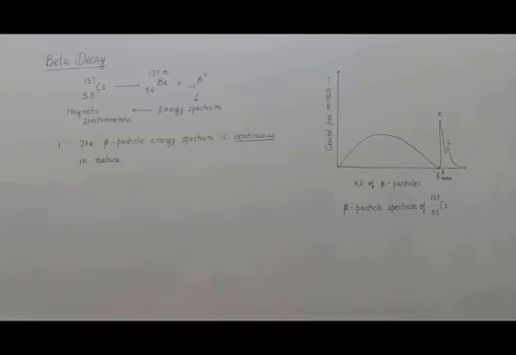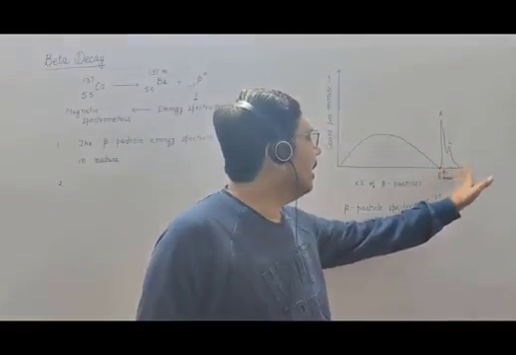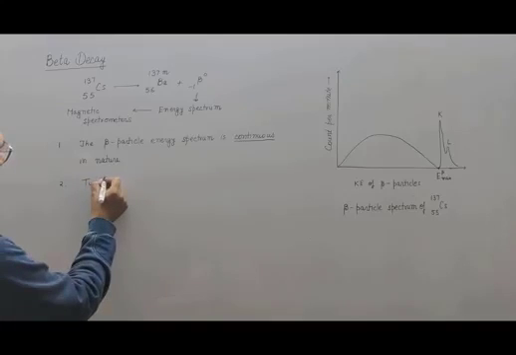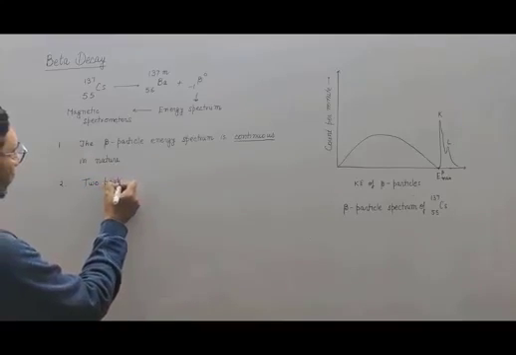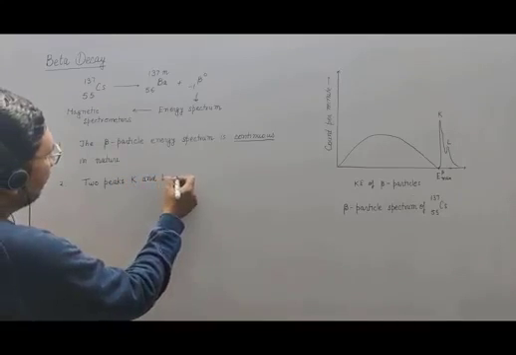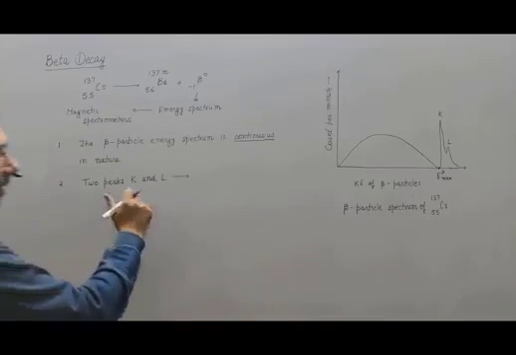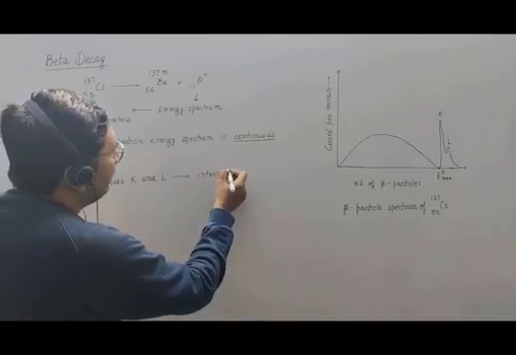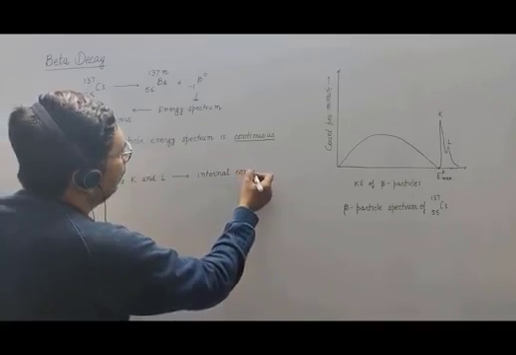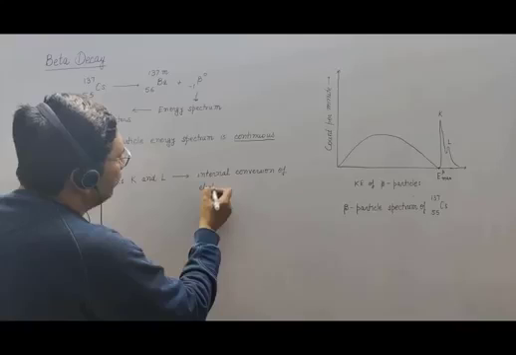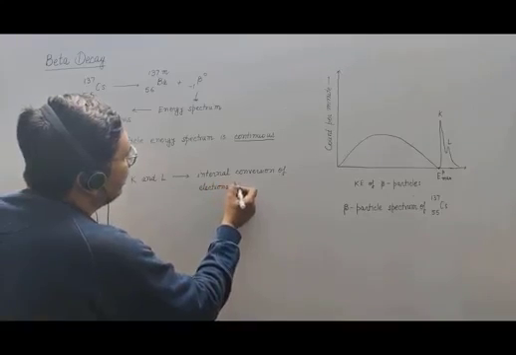Number two, on the high energy side, we have obtained two peaks, K and L. These two peaks are obtained corresponding to internal conversion of electrons by gamma rays.